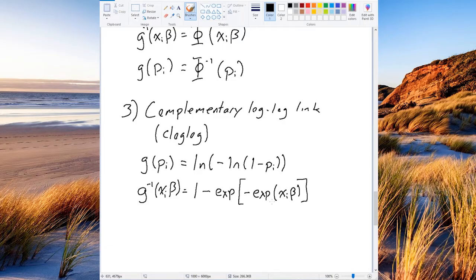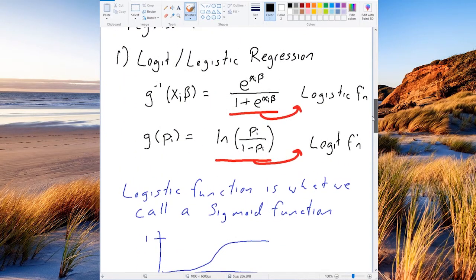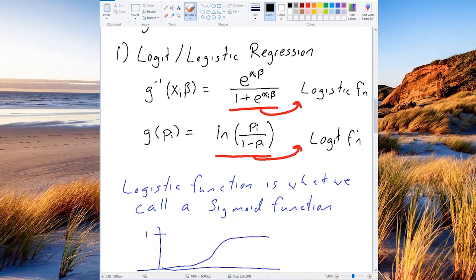In every case, we're still going to have the situation that I described up here looking at the logistic model, where I've got e to the x beta hanging out in both this and the complementary log-log model. And the probit model is going to behave similarly.